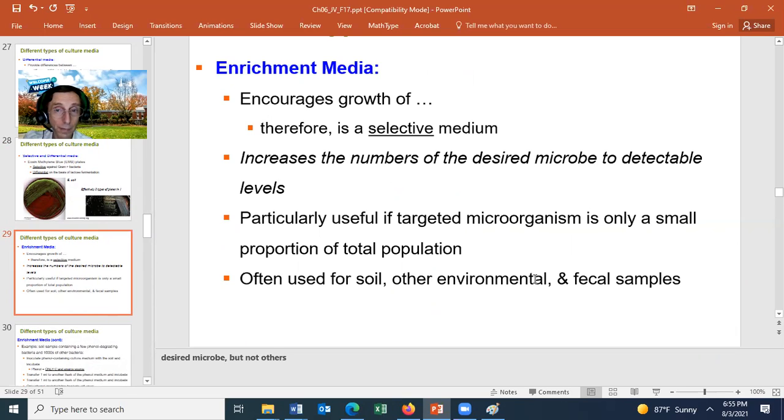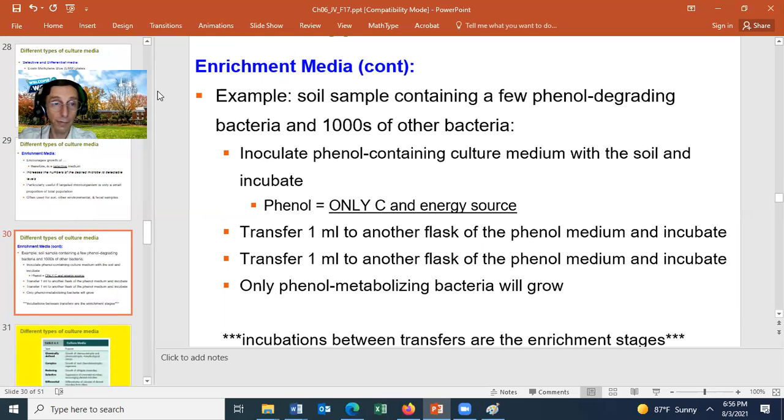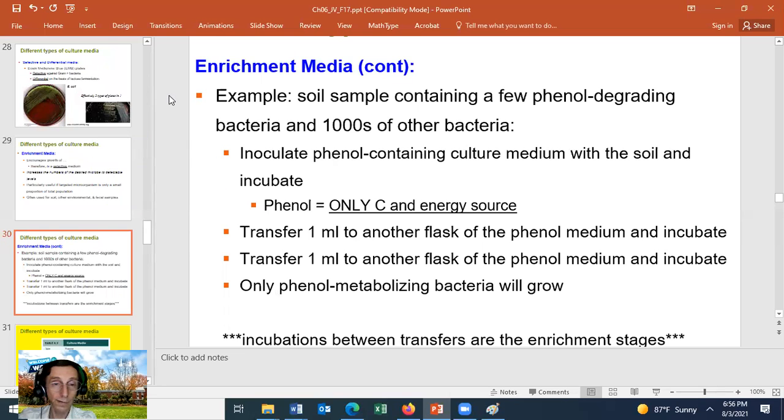So when we have a population of microbes that we want to study, and the number is very rare, like a microorganism from the soil, or a potential human pathogen in fecal matter, we can grow it in an enrichment media and enrich for the organism of interest. If you enrich enough, you will then be able to find the organism when you streak it out.